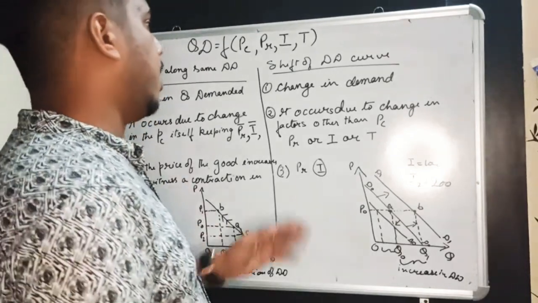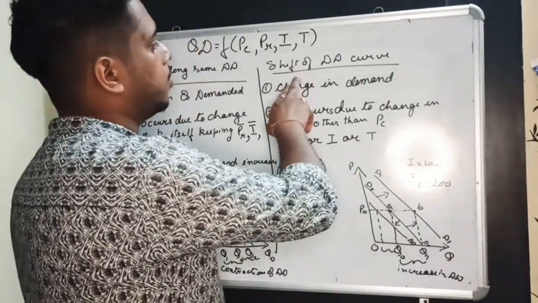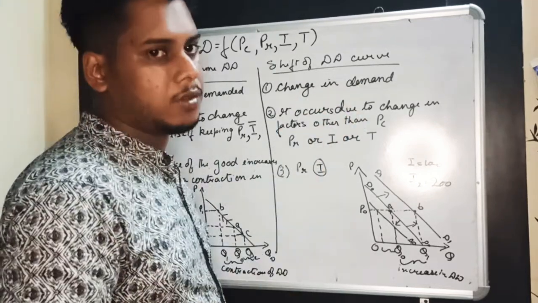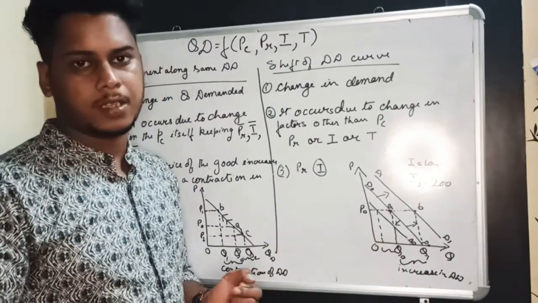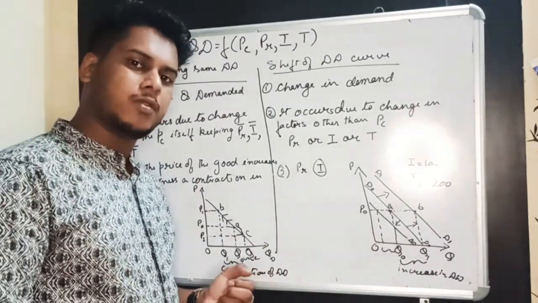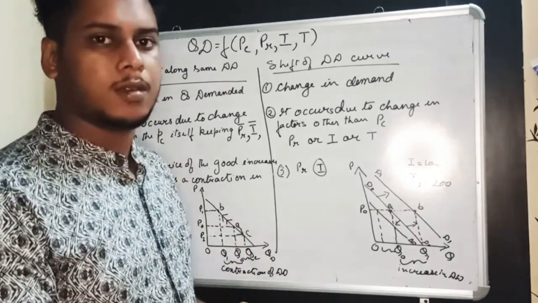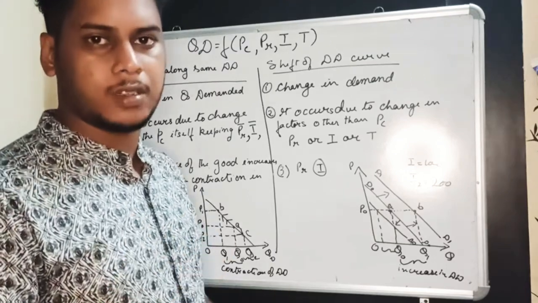Okay, and in this section what we have studied is that a shift of the demand curve can be termed as change in demand. Now this change in demand can be of two types: increase in demand and decrease in demand. Increase in demand occurs due to increase in the income level of the consumer, or increase in the taste and preference of the consumer.